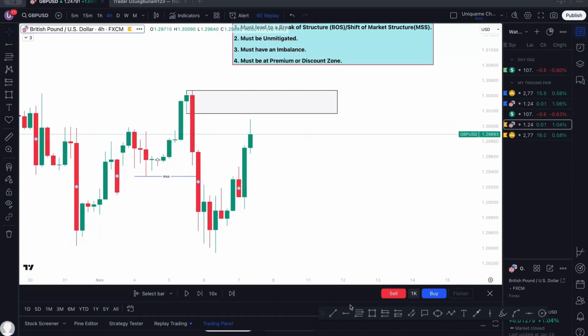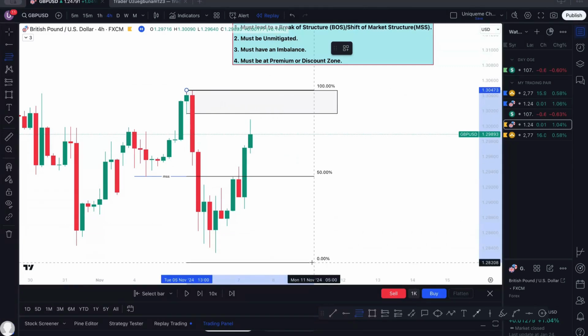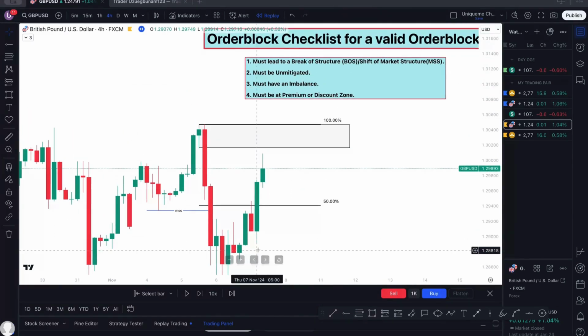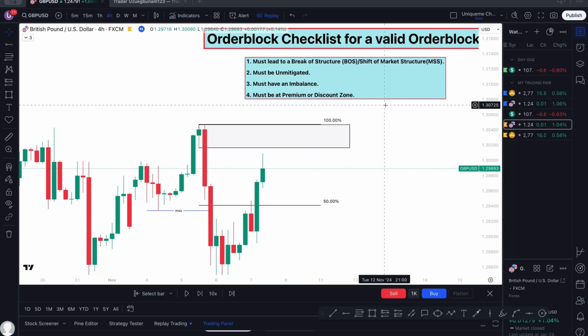And the last question you ask yourself is premium and discount. You take a Fibonacci. Without the Fibonacci, you are trading carelessly, because you need to know whether price is at premium or discount. Normally the rule states that premium is for sell while discount is for buy. So you need to know where price is at the moment and where price is going.